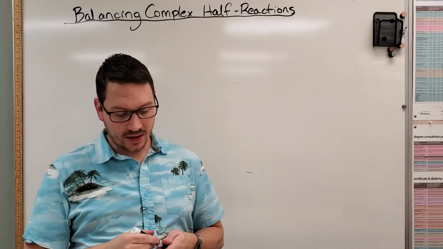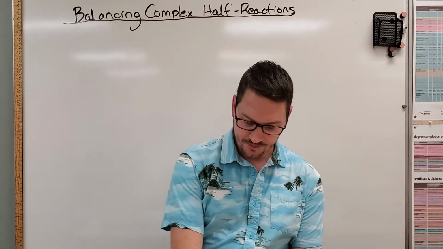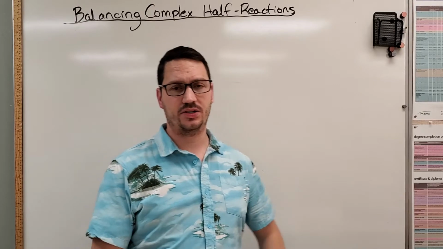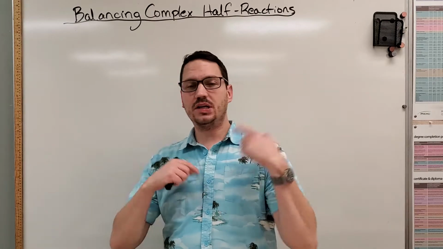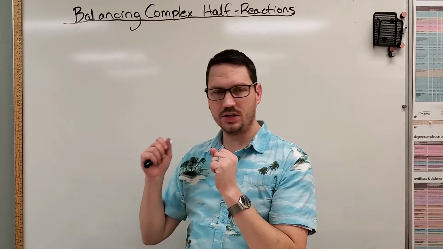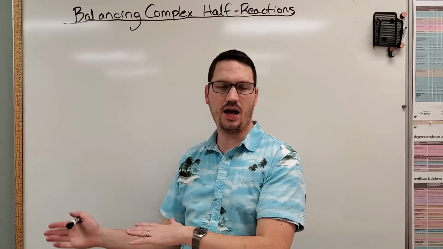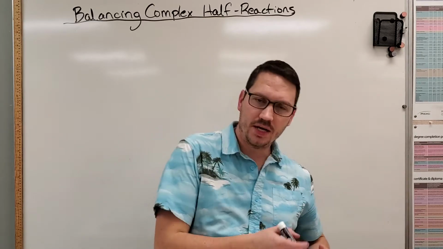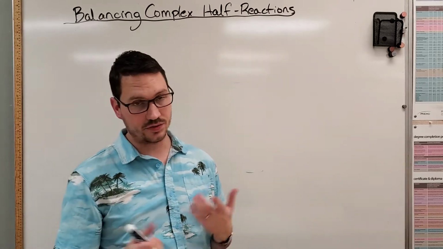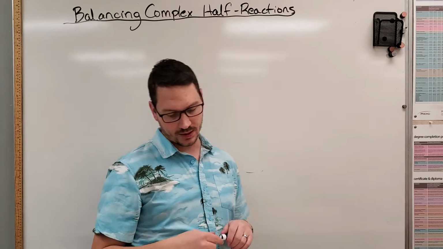So when we balance complex half reactions, we're still showing the gain or loss of electrons. I'm only going to show you half the process, in the sense that we're only going to talk about one half reaction at a time. I don't want to overwhelm us, and we'll talk about more complex things later on, either tomorrow or when we get back from the break.